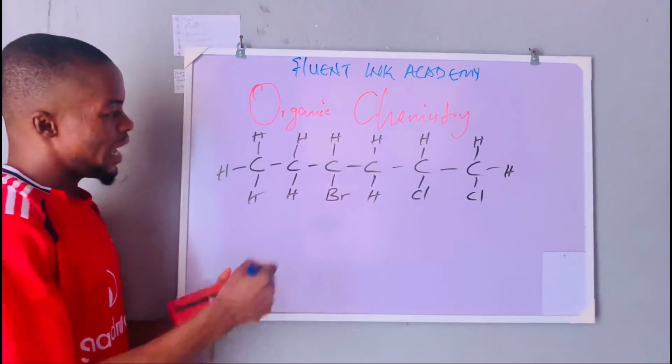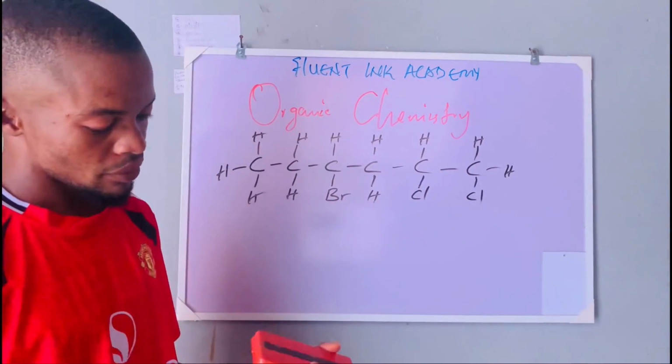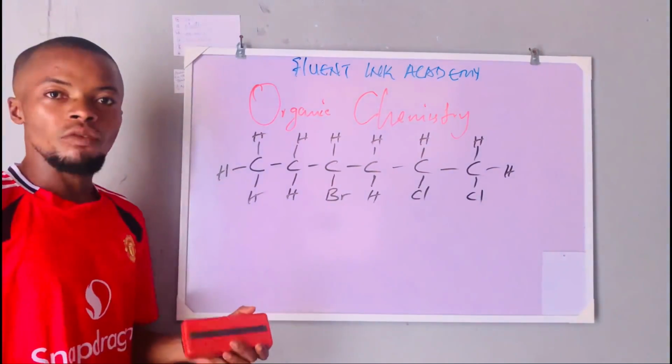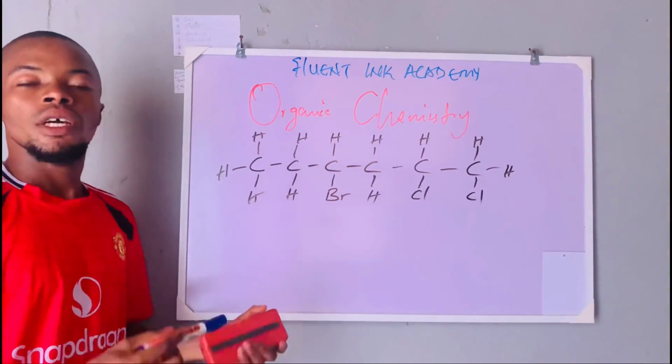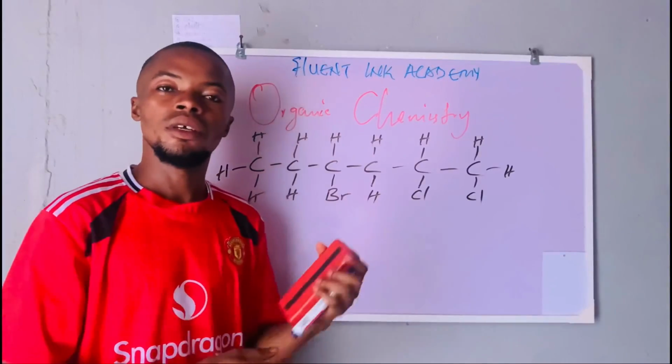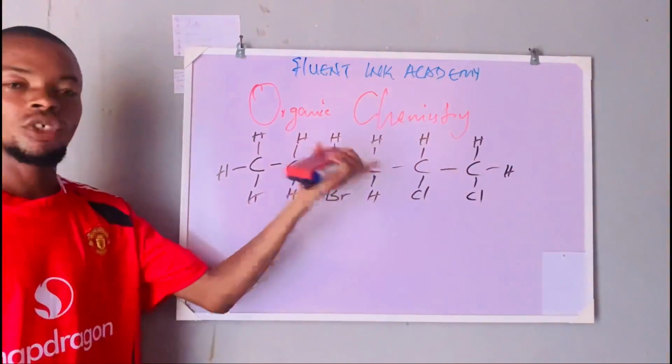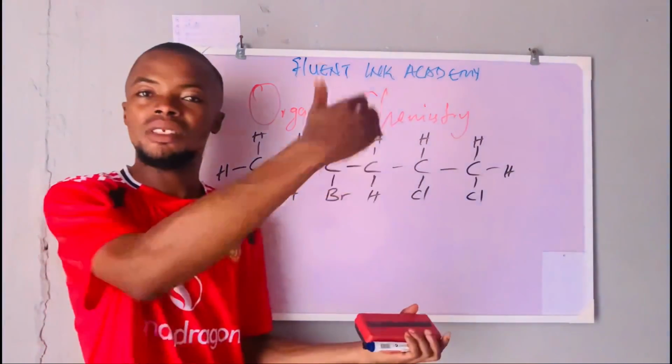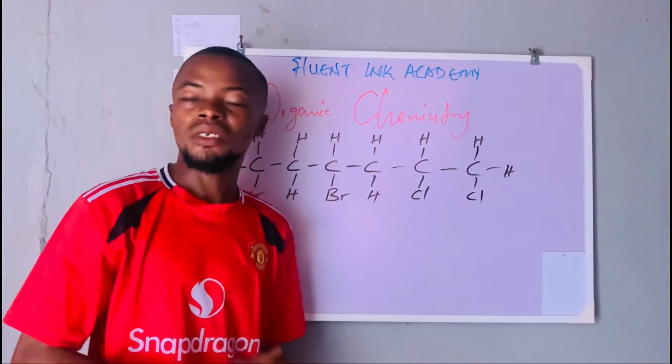So let's name this compound. In naming of organic compound, what every student should consider first is the longest carbon chain, not the longest straight carbon chain. You understand the difference?